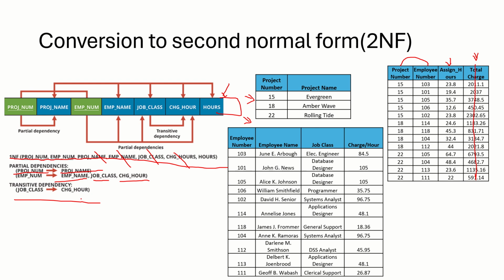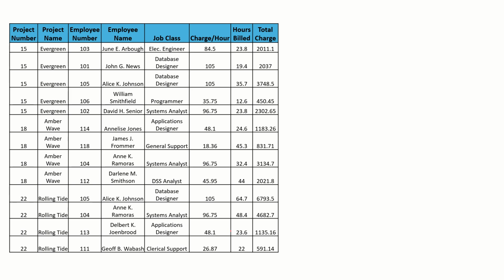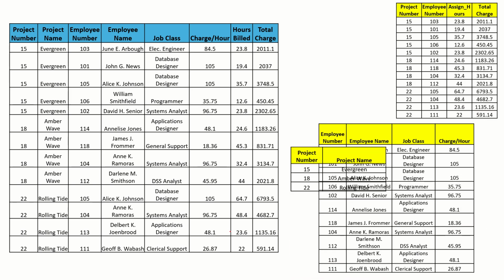That is the third normalization. That means we will take out the job classification to another table with charge hour. So basically this part, we will have another table. So in total we have 4 tables.